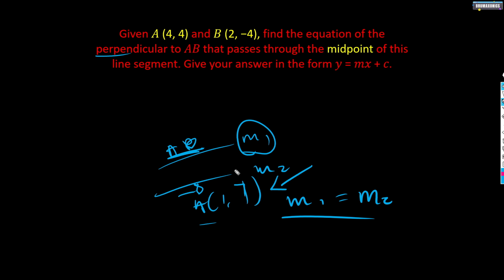As you know, parallel lines have equal slopes, or equal gradient. So I hope that you got it. If not, keep watching this video and other videos that I've posted.